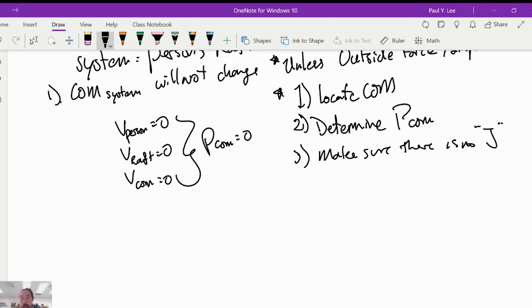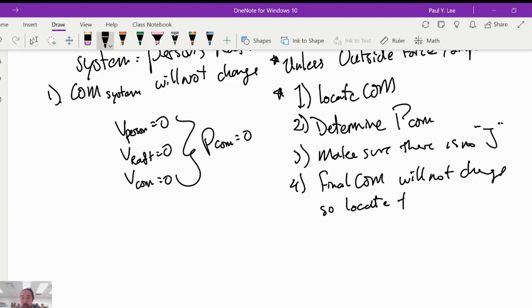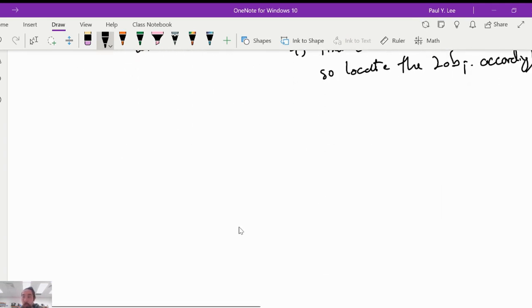If there's an outside force, then that does change things up. And so the final step is the final position. The final center of mass will not change. So locate the two objects accordingly. All right, so those are the steps, and I'm going to walk you through it.